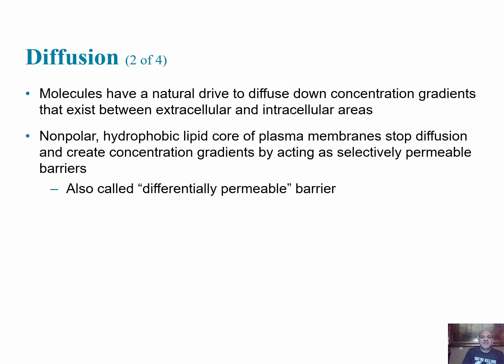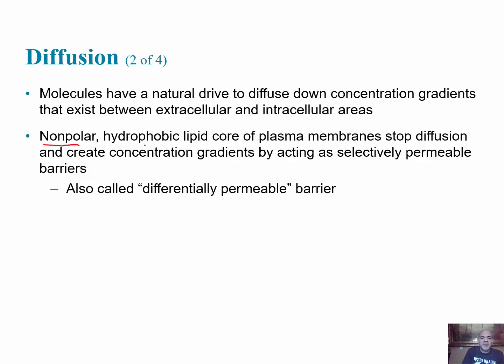Molecules do have a natural drive to diffuse down concentration gradients that exist between extracellular and intracellular areas. Now we're going to apply the idea of diffusion occurring across the plasma membrane, either from outside in or inside out, depending on where the higher concentration is.